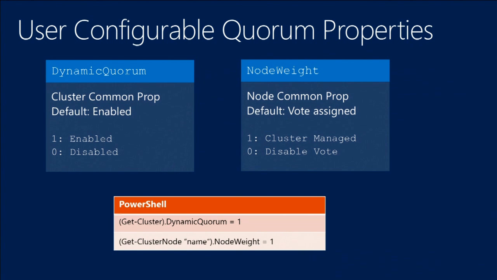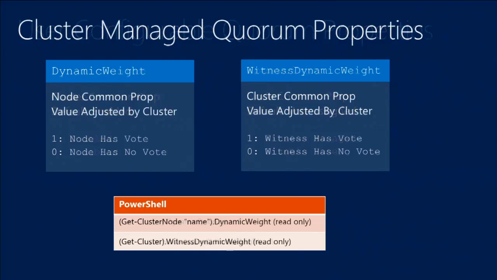By default, every node has a vote of 1. A value of 0 indicates the node's vote is removed as a user intention. Both of these can be changed using PowerShell. The node vote weight can also be modified using the Windows Cluster Quorum Wizard, which is the UI portion.